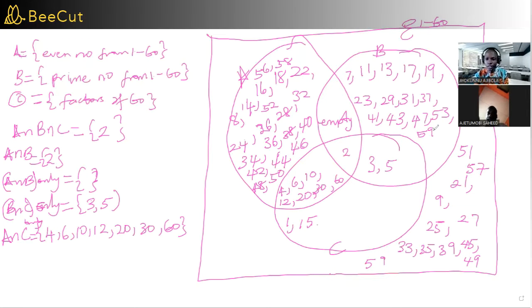But 59 has been catered for, so that's not it. That is a prime number, so I undo that.